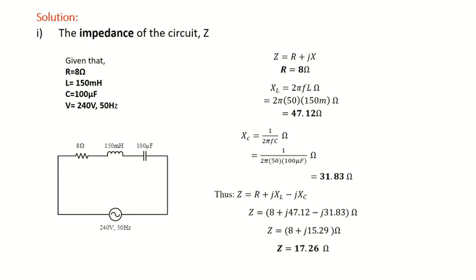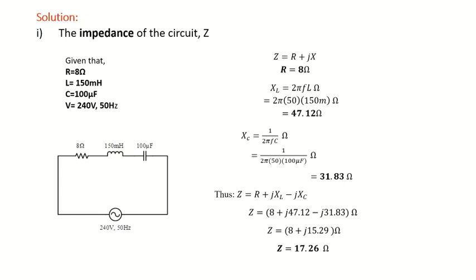So definitely, in order to get the Z or the impedance, it is R plus jX. This X is XL minus XC. We know that our R is given as 8 ohms. XL can be obtained from 2 pi f L in ohms.